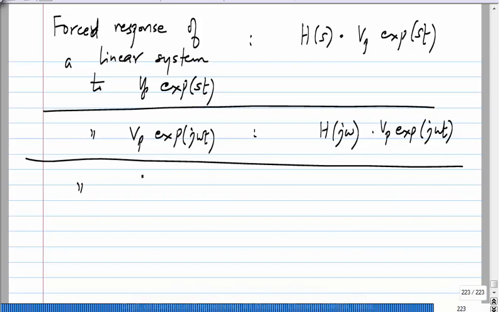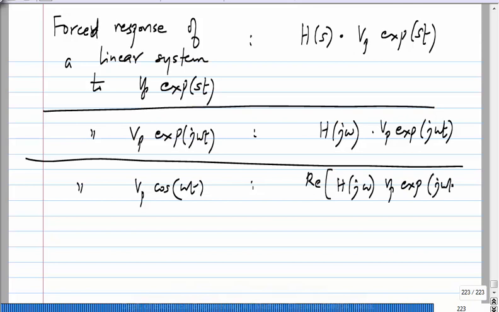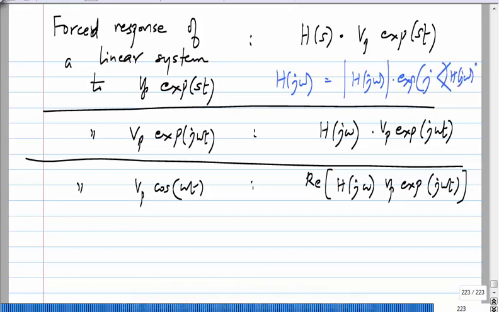And the force response of a linear system to Vp cos omega t, what is this? This is the real part of h of j omega Vp exponential j omega t. The easiest way to see this is if you write h of j omega as the magnitude of h of j omega times exponential j angle of h of j omega, right.